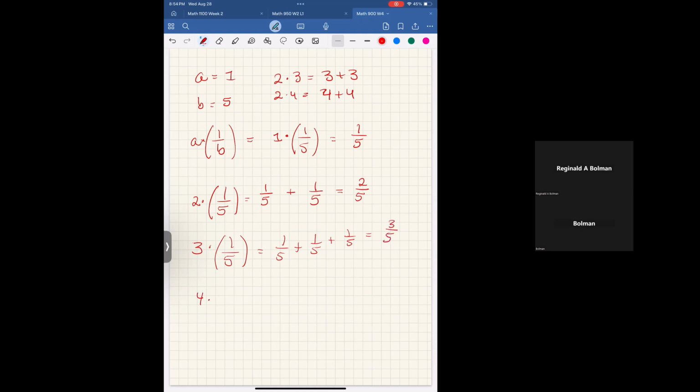If I had four sets of 1/5, I would have 1/5 plus 1/5 plus 1/5 plus 1/5. So I would just count up how many fifths I have: 1/5, 2/5, 3/5, 4/5.